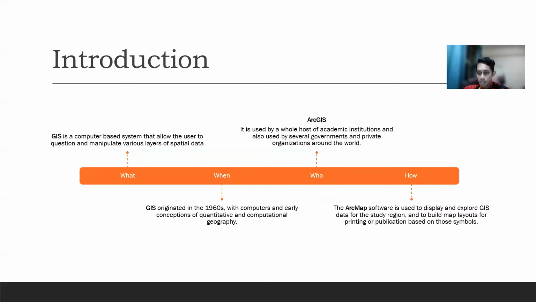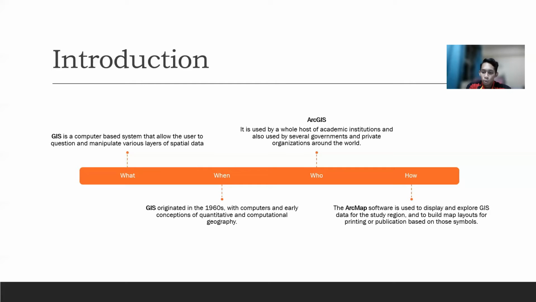Roger Tomlinson's vision culminated in the creation of the world's first computerized GIS in 1963, through his planning, initiating and implementing of the Canada Geographic Information System. So it is based on the Canada Geographic Information System that makes the GIS.